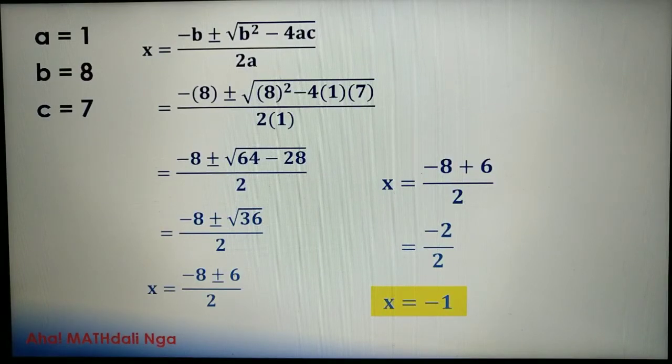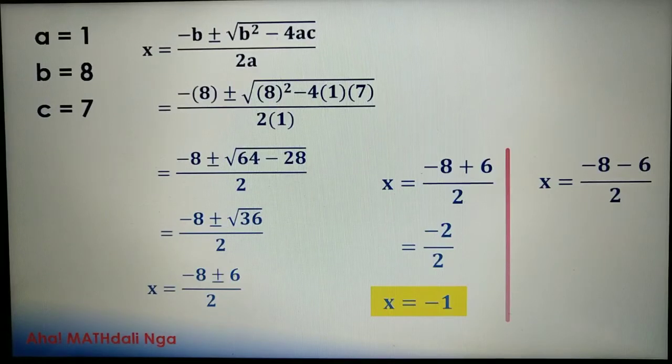This time we will use negative 6. So we have x is equal to negative 8 minus 6 all over 2. Let's simplify. Negative 8 minus 6 is equal to negative 14 over 2.